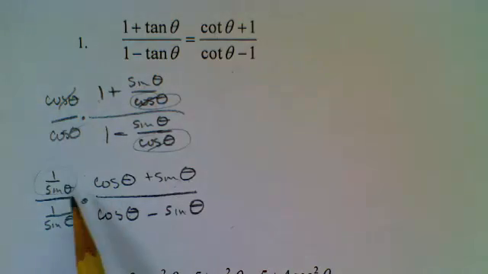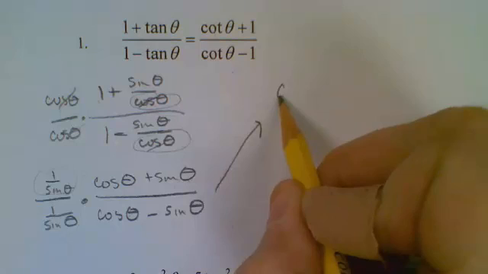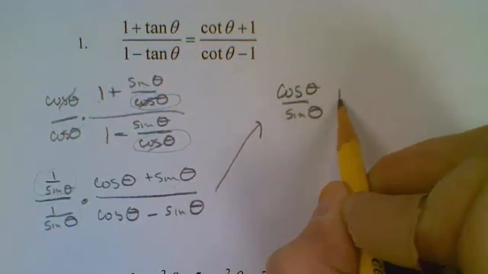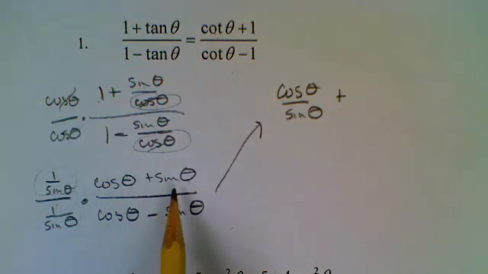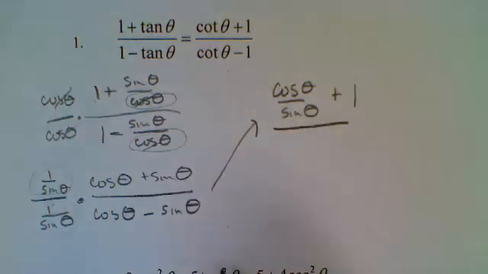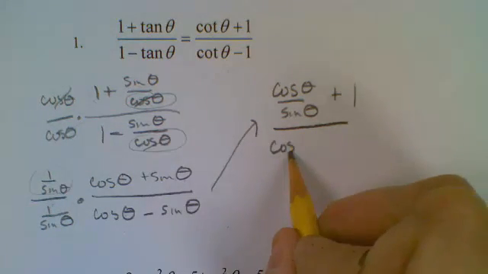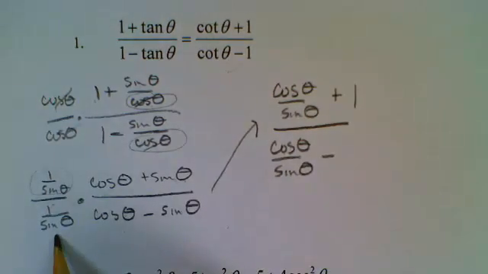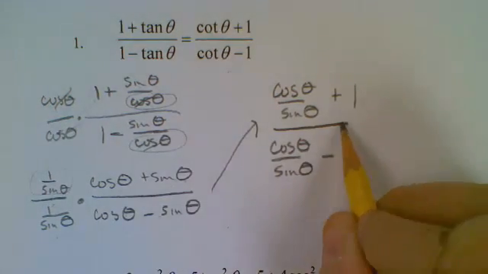So when I distribute, I'm going to get cosine theta over sine theta, plus, when I distribute 1 over sine times sine, that's reciprocals, I get plus 1. In the denominator, when I distribute, I'm going to get cosine over sine. And again, this is an algebra step. And when I multiply there, I get minus 1.